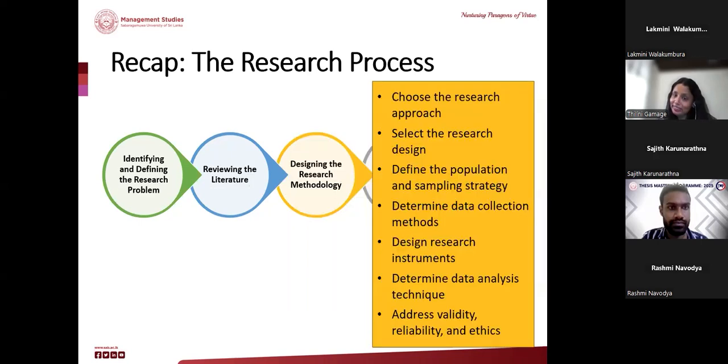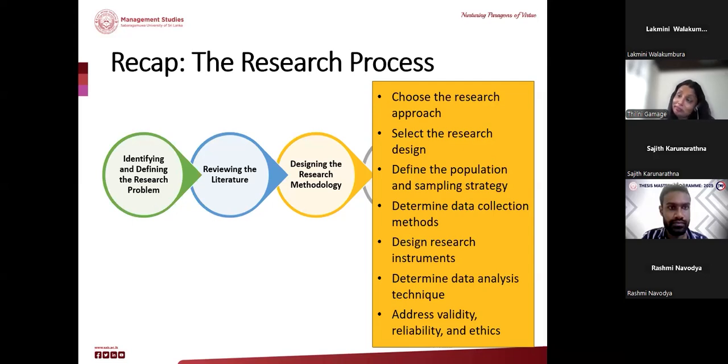After that, in your third step, you're supposed to choose an appropriate research approach and research design that helps you address the research problem you have identified. Once you determine the research approach and research design to be used, accordingly you have to define your population and determine whether you need to go for a sample. If so, you need to determine your sampling strategy, sampling technique, and sample size.